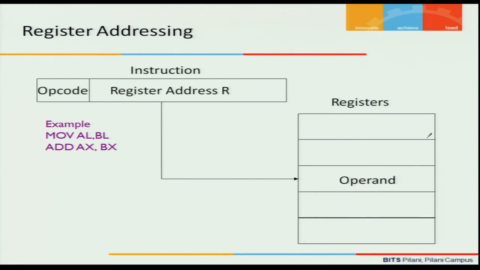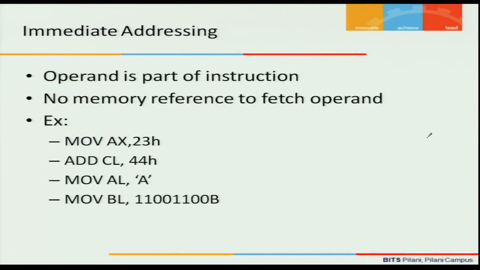The next addressing mode which we have is what we call the immediate addressing mode. In the immediate addressing mode, the main idea is that the operand is part of the instruction. This is the key idea behind the immediate addressing mode. The operand is part of the instruction itself.